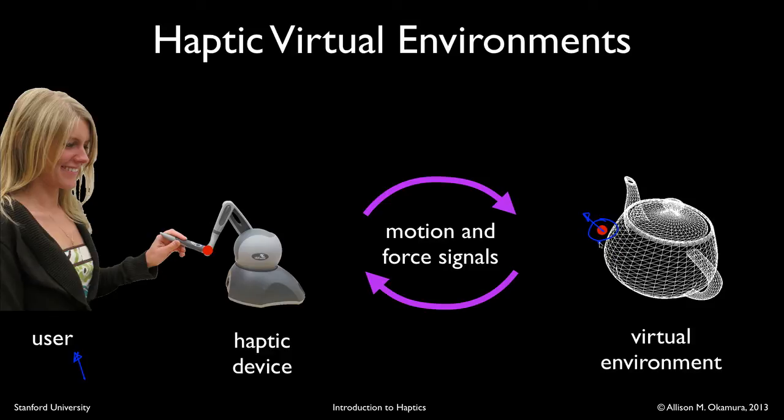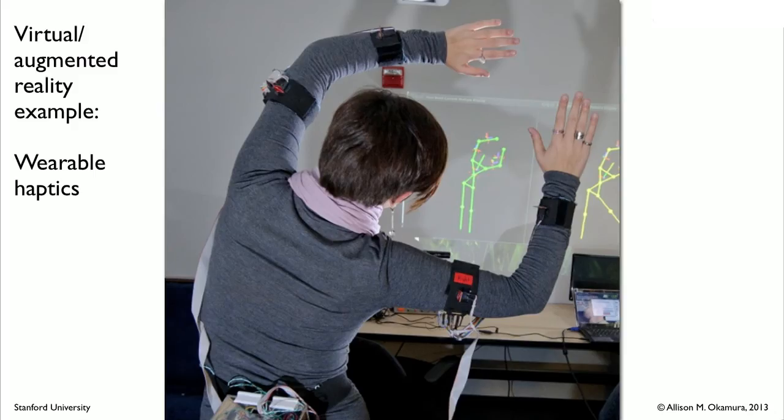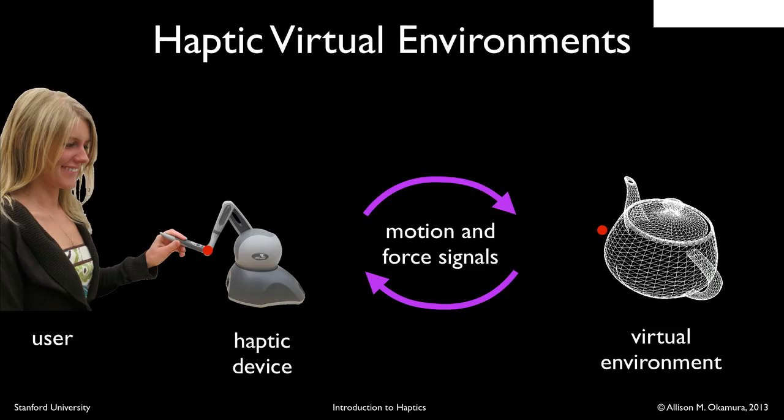Once those forces are calculated, then they're sent back to the haptic device in order to actually push on Ann's hand. And that's the rendering of haptic virtual environments. Although we'll only be doing virtual environments in this class, haptic teleoperation is also really exciting.